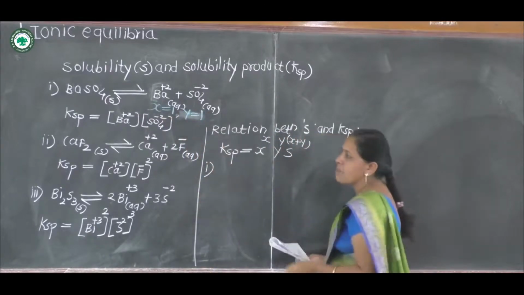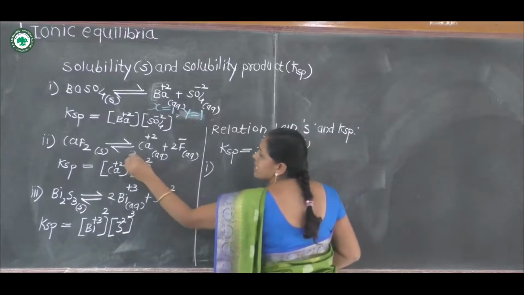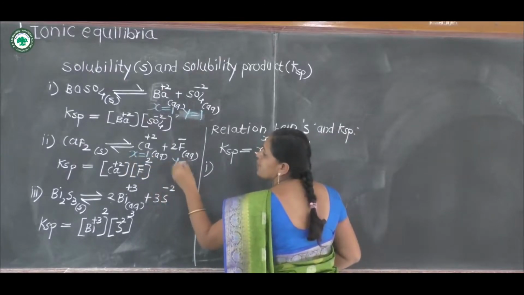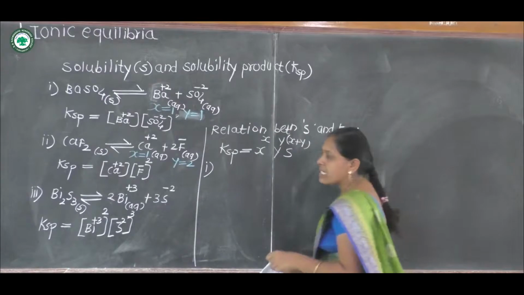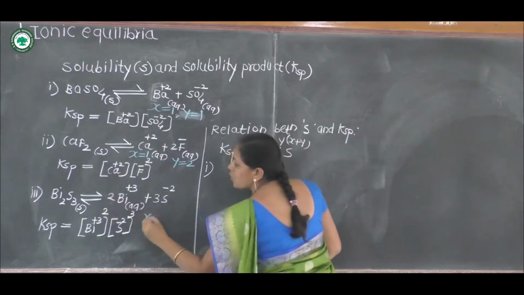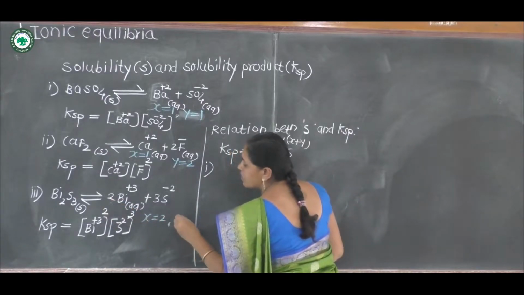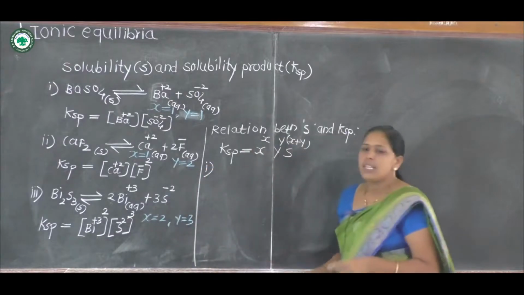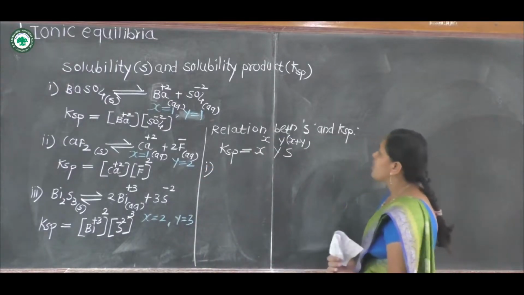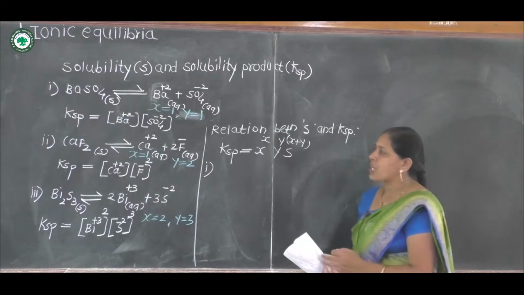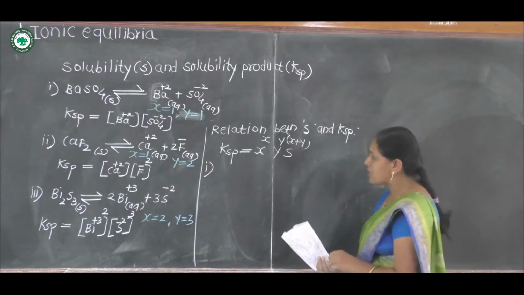In the second example, calcium fluoride, x is equal to 1 and y is equal to 2. In the third example, x is equal to 2 and y is equal to 3.